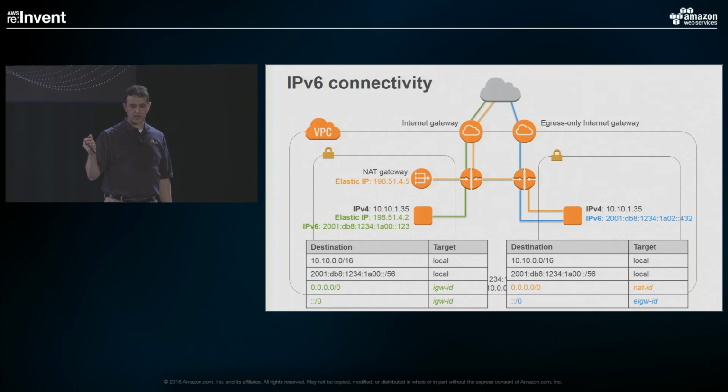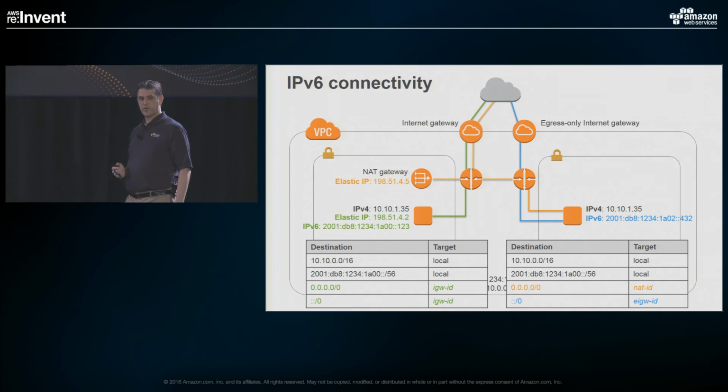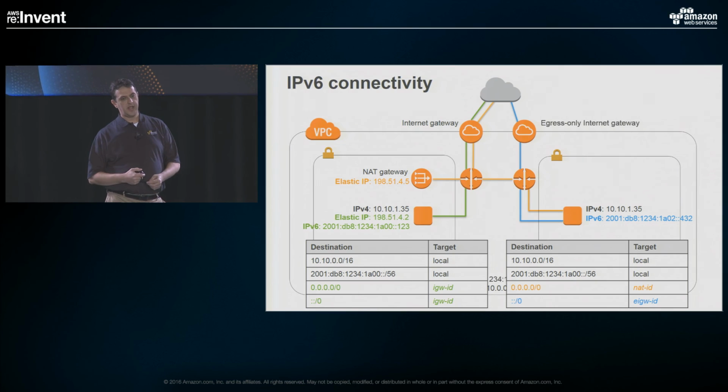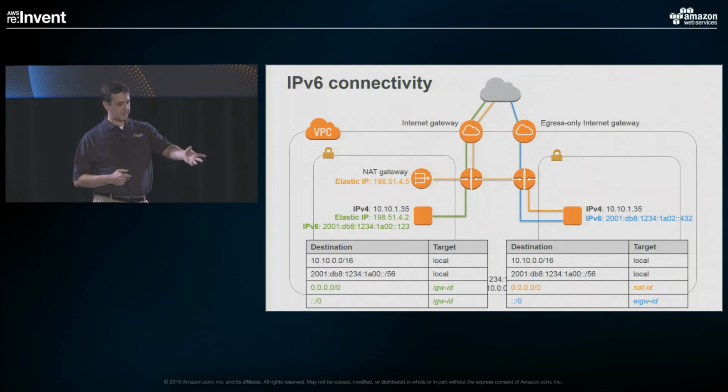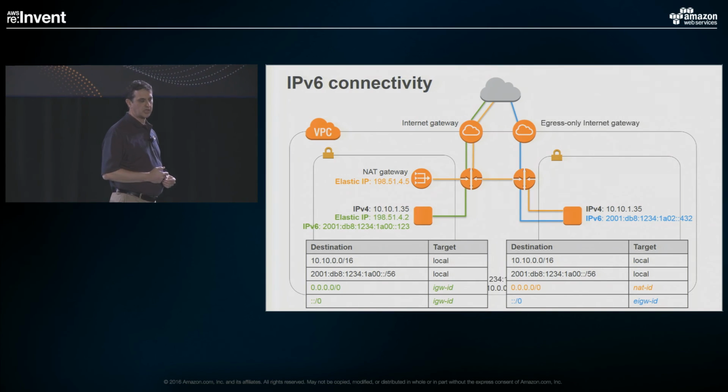Okay? Let's take a quick look at the routing tables. You'll see support for both IPv4 and IPv6 destinations in the routing table. On the public subnet on the left-hand side, both IPv4 and IPv6 have a target of the IGW ID.